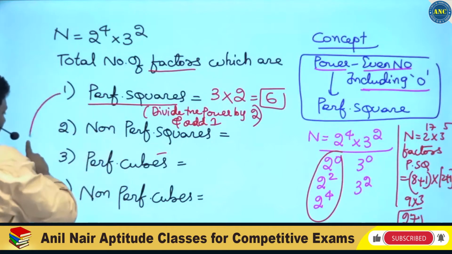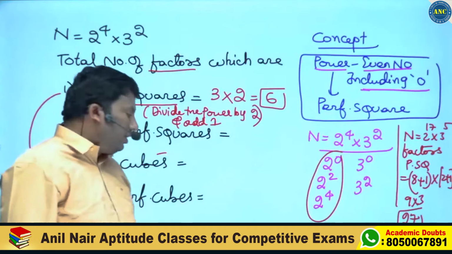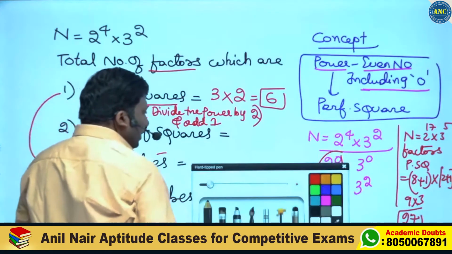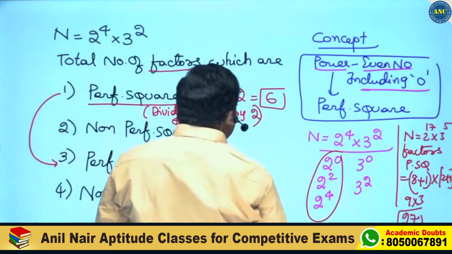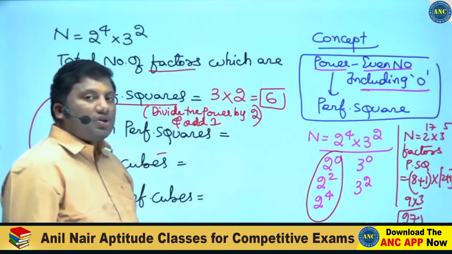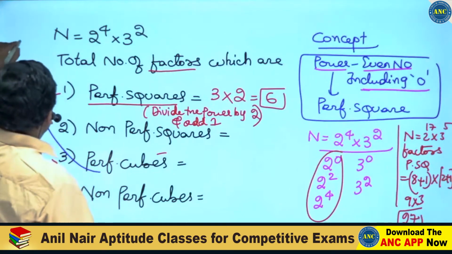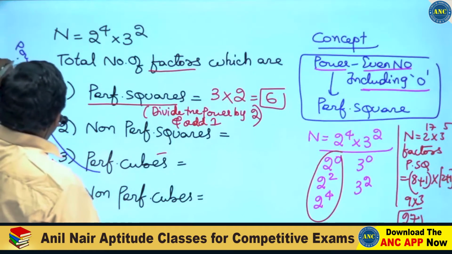The first concept can also be used in the third concept. The first concept is divide the power by 2 and add 1. Why? Perfect square means power should be divisible by 2. Perfect cube means power should be divisible by 3.